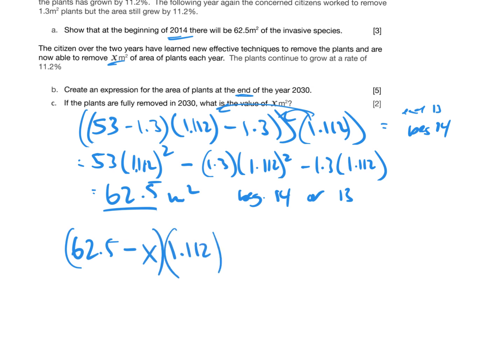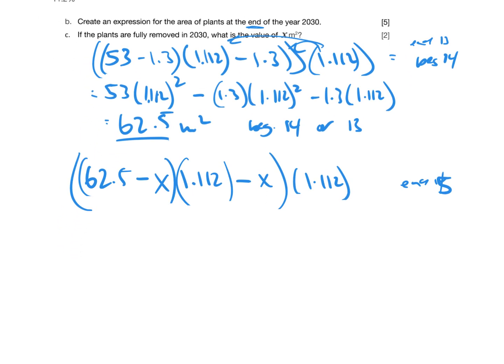So this here now is at the end of 14. Then what happens? They remove x, and that whole value gets multiplied by the 1.112. And now we're at the end of 15. And it's going to keep going and going and going. And so if I simplify this now, this is the end of 2015.